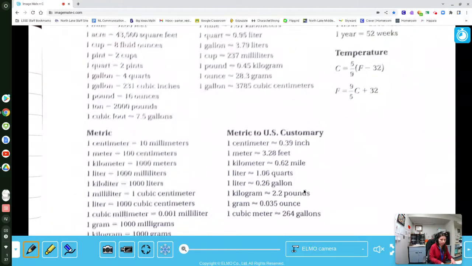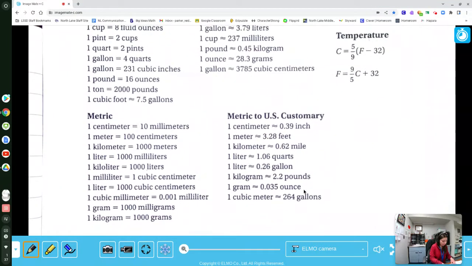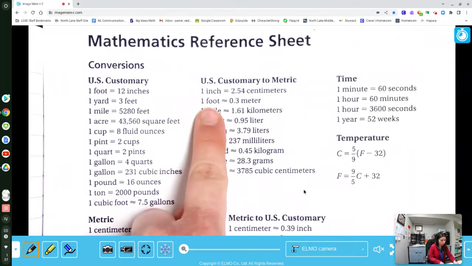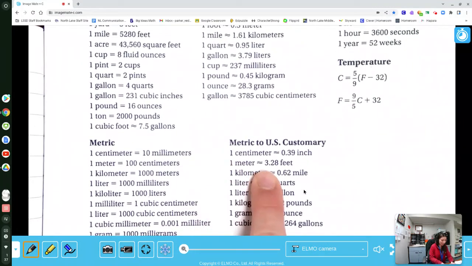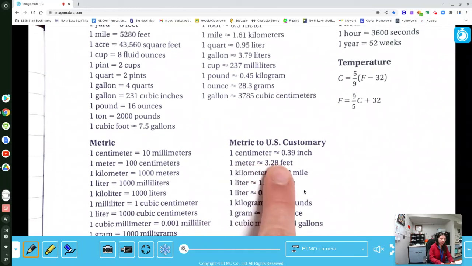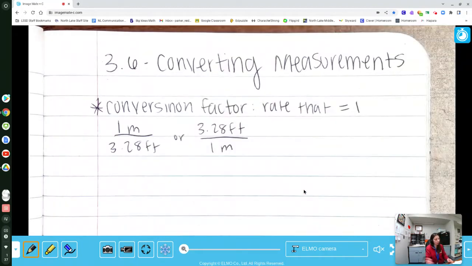So if we look here, we can see that 1 meter is approximately 3.28 feet. That's where our conversion factor came from on here. This is showing us the two amounts that are equivalent to each other, that are equal to each other.